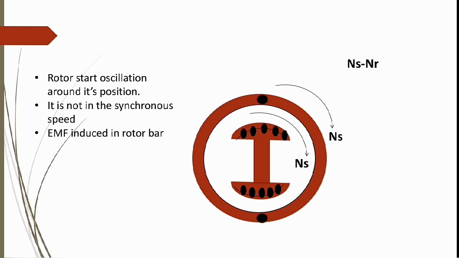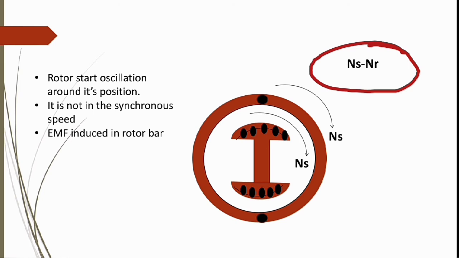We know the EMF induced in the rotor bar, or the damper winding, occurs due to the relative speed between the stator and rotor rotating MMF. Because of this relative speed, the EMF is induced on the rotor or damper bar.